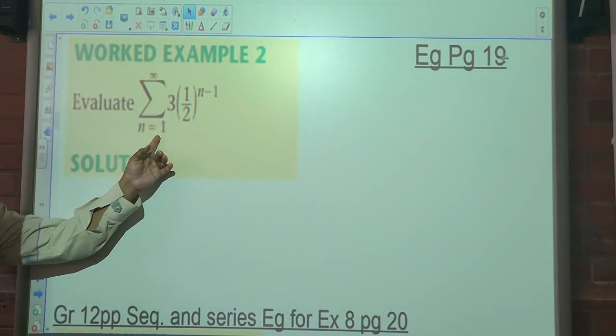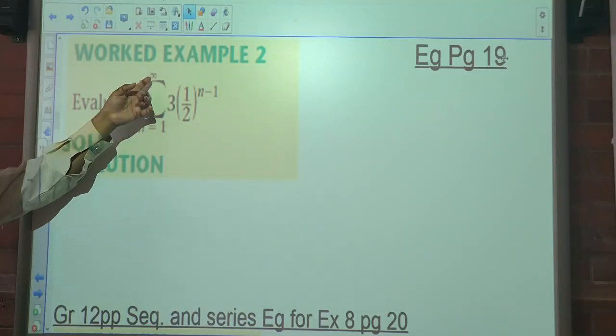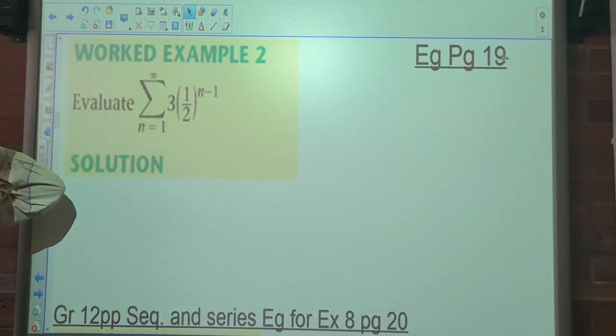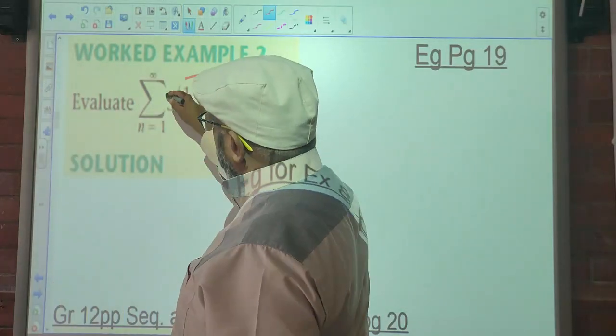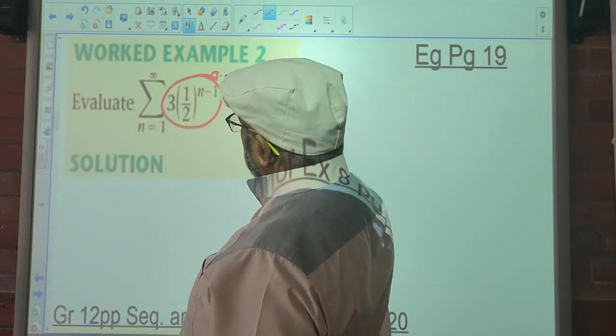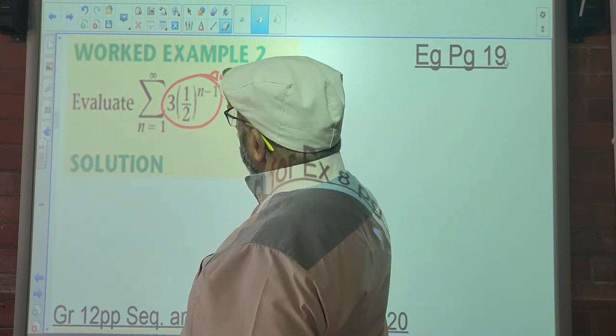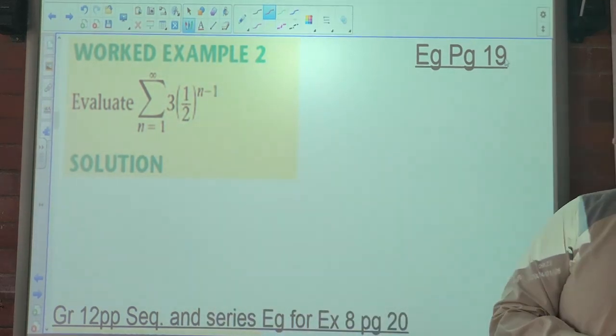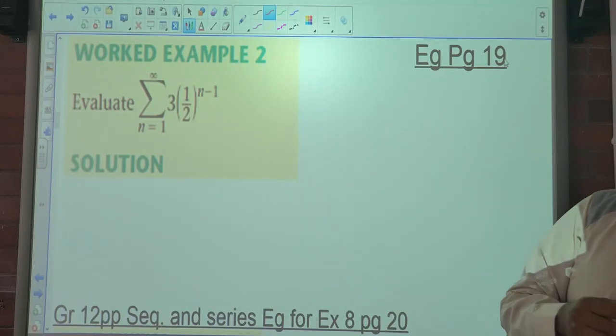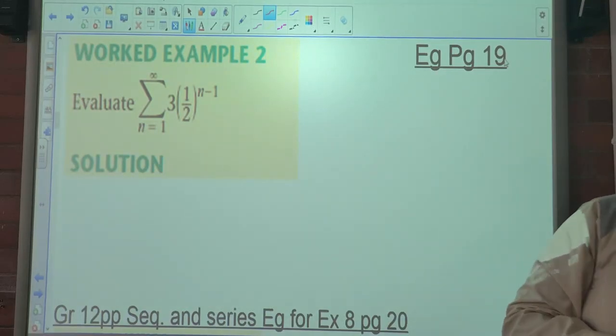You're starting at 1 and you're going all the way to infinity. So what rings the bell? It's infinity. Not so? What is this to us? n. Okay. So what I'm going to do now is work out my first 3 terms. Okay, you'll see me do that often. I always work out my first 3 terms.